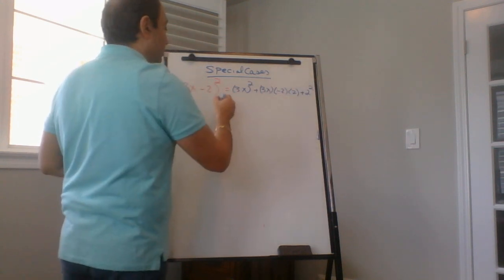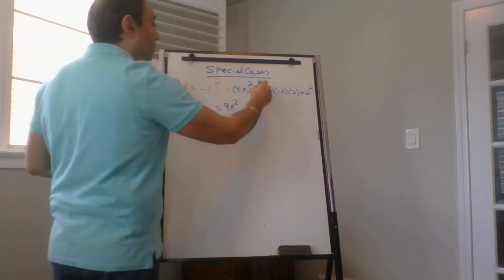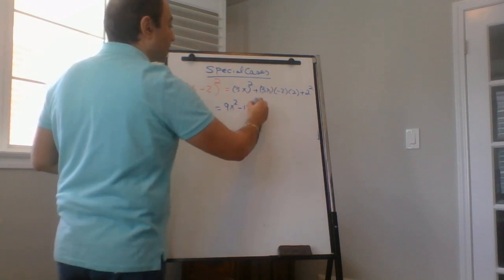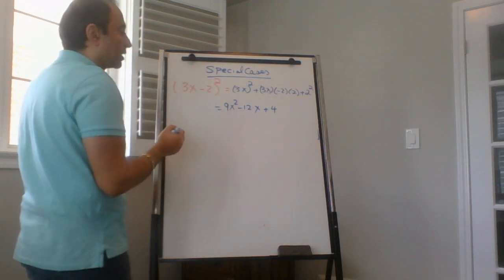It is always positive. So this will be 3 squared is 9x squared. First times second times 2, this will be negative 12x plus 4. Okay? Now let's have another example.